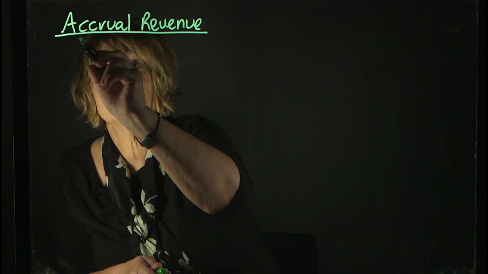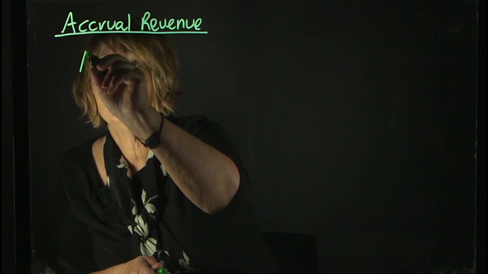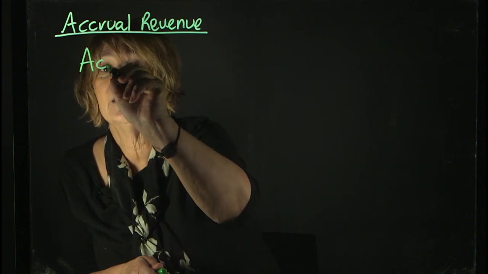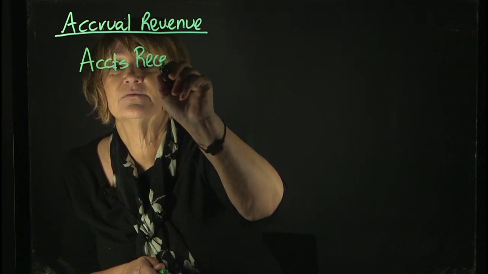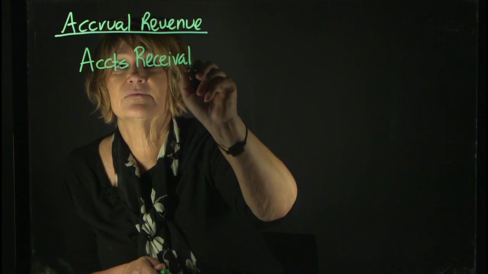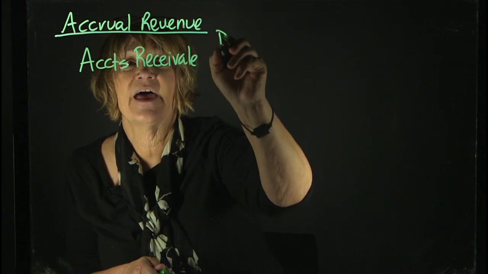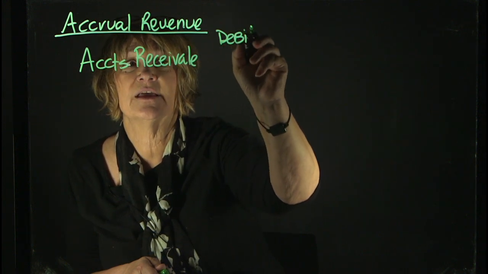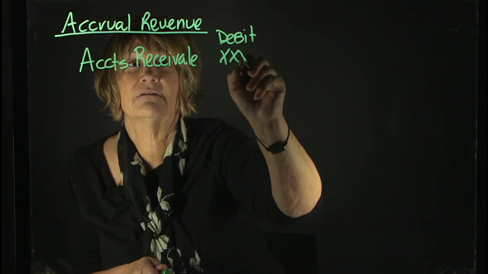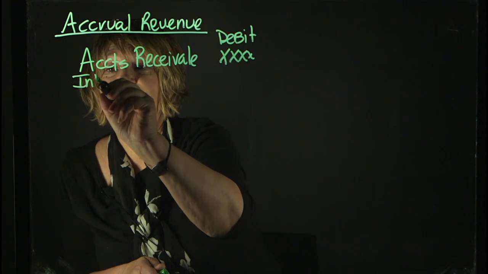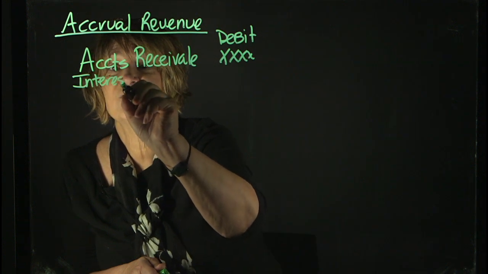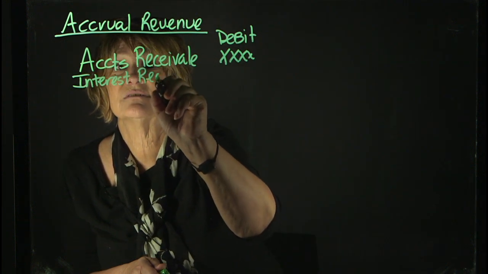And so the first, for accrued revenue, you're always going to go to accounts receivable, okay, and that will always be your debit entry. You also could go to interest receivable if somebody owed you interest.